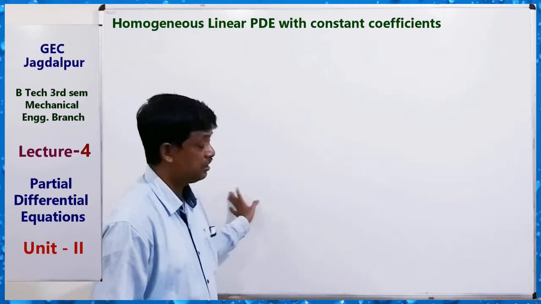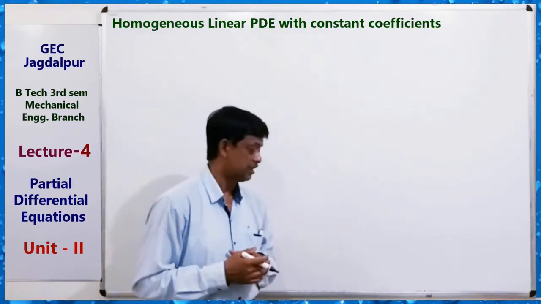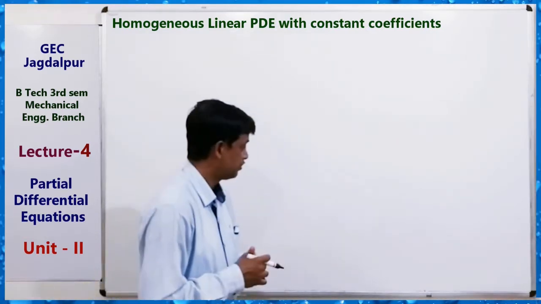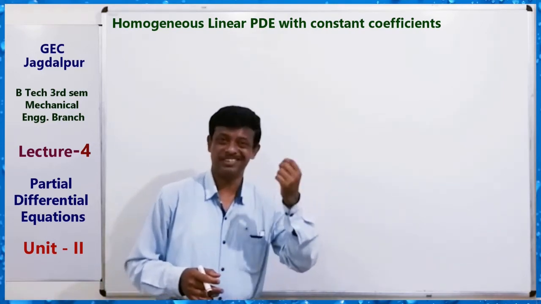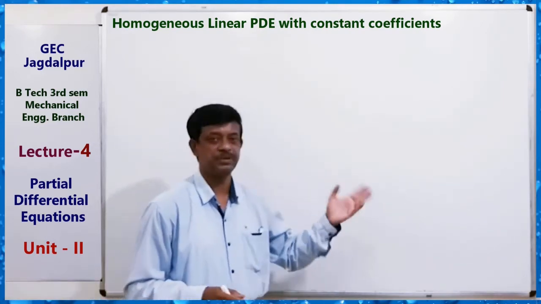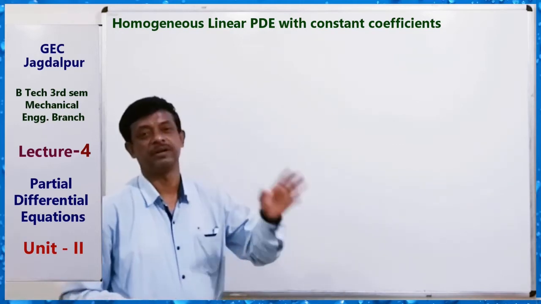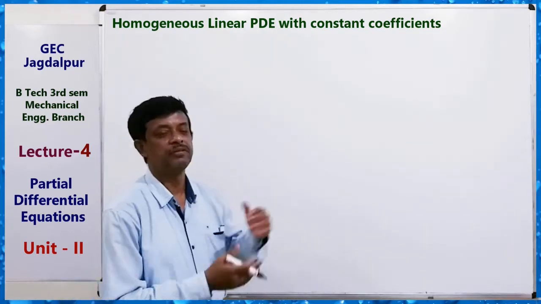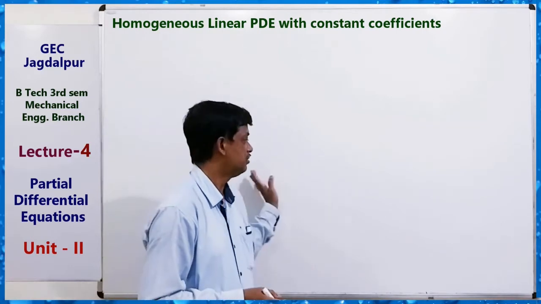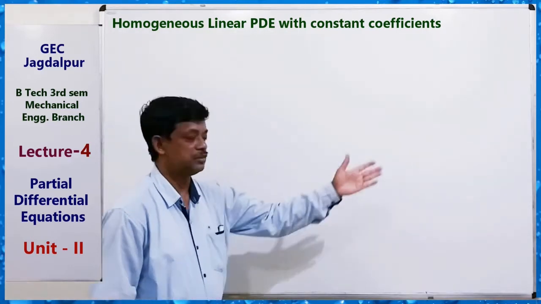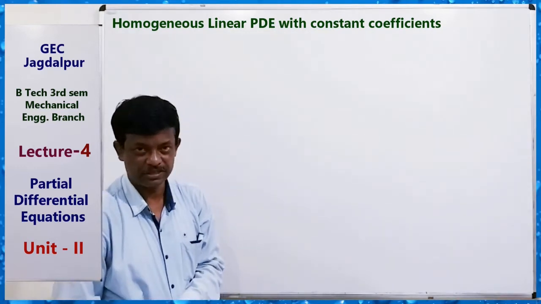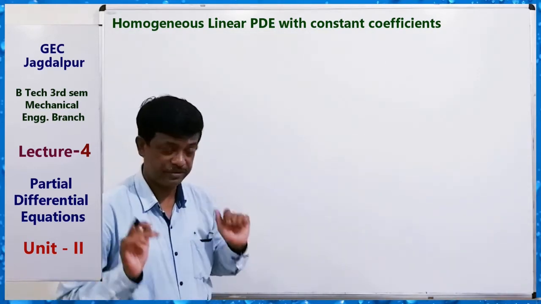You have studied it in second semester. The complete solution, or complete integral, or general solution is given by CF plus PI, complementary function plus particular integral. The same behavior applies to linear partial differential equations of higher order with constant coefficients. Homogeneous equation means what?